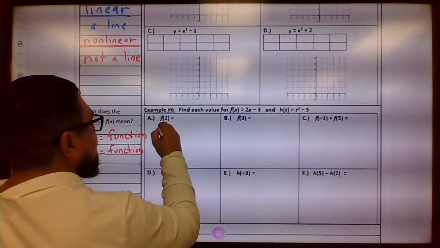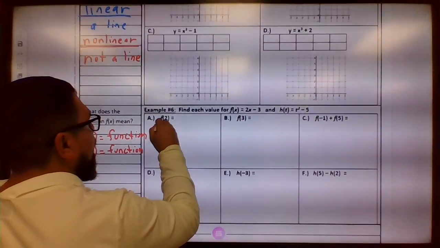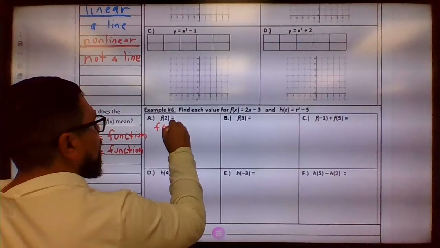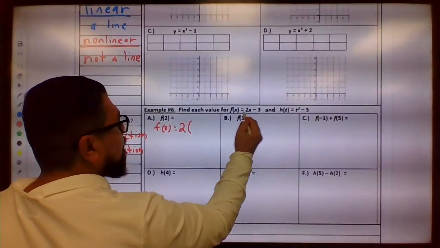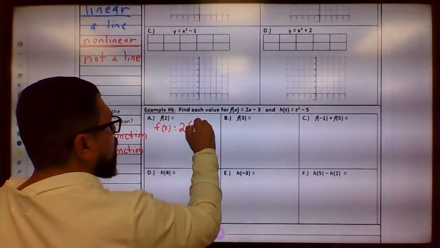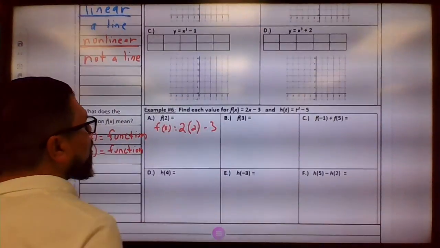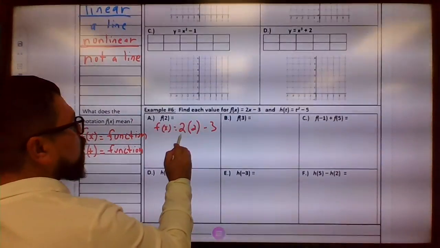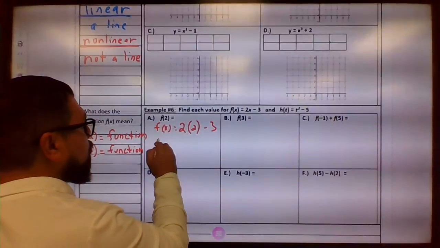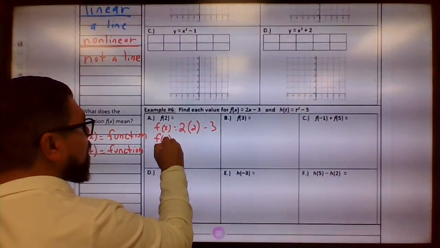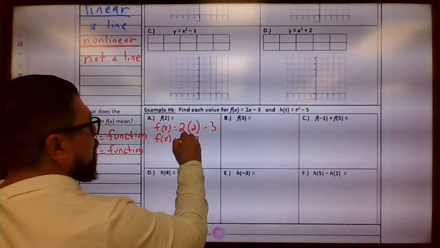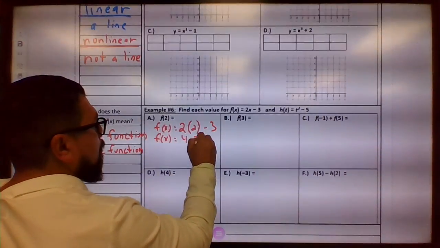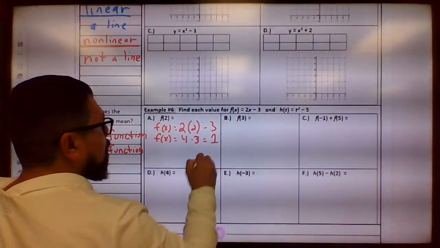In this case, you're going to rewrite it like this. F of x equals 2, and then what is x? 2, minus 3. So f of x equals 2 times 2 minus 3. So f of x equals 4 minus 3, which equals 1.